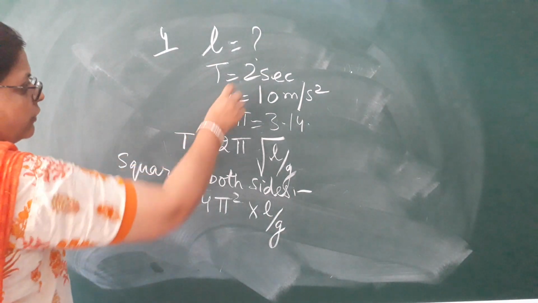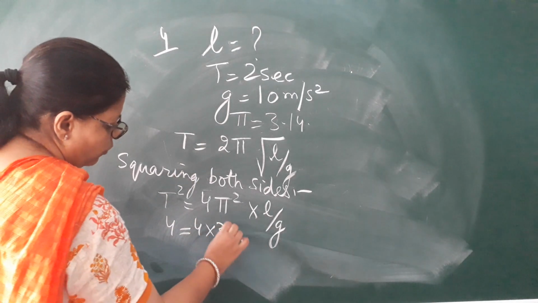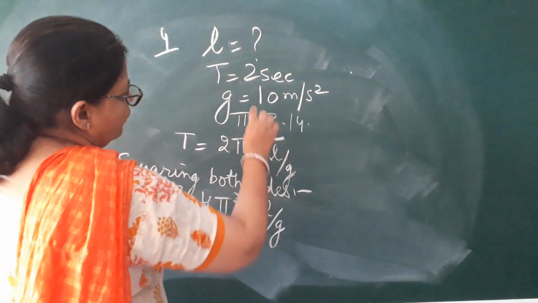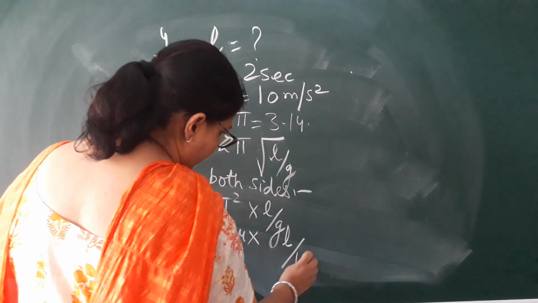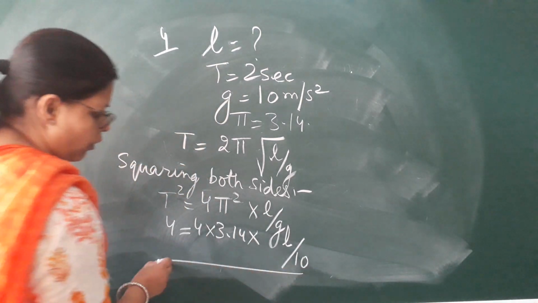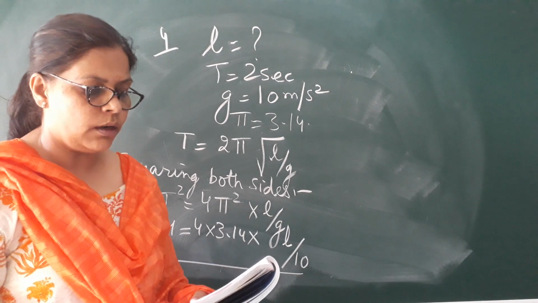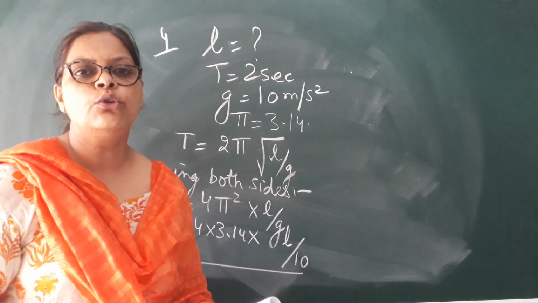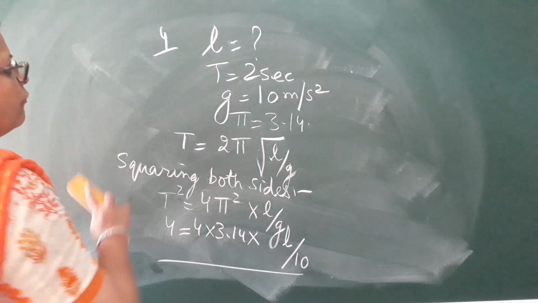See, we have the value of T. That will be T square will be 4, 4 into 3.14 square into L, which we are supposed to find out, and the value of g is given to be 10. Okay children, so you can solve this, do the calculations, and you can find out the answer. You can work it out to 2 decimal places. Okay, you can solve it on your own. I have put the values.